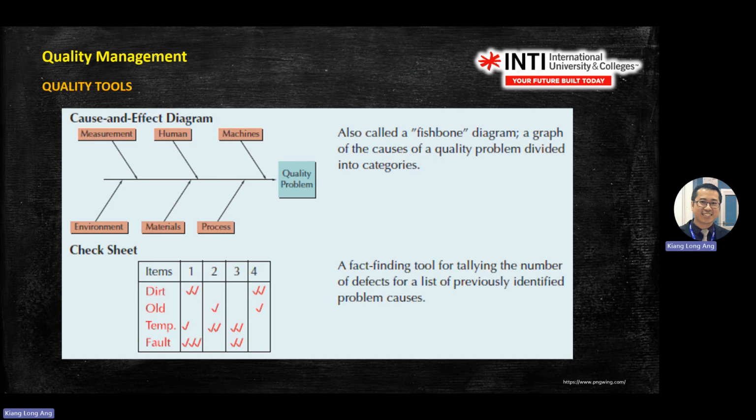What I need to highlight here is the arrow. The arrow in the cause and effect diagram is pointing towards the problem. And then the outside ones are the departments or factors that might give you the trouble. Okay, measurement, human, machine, and so on. Then you write the cause along the arrow here.